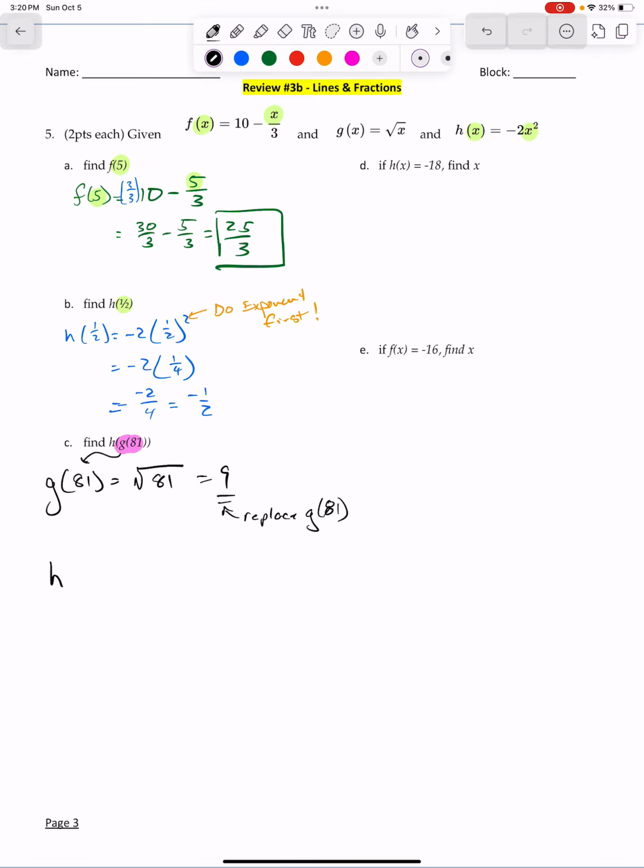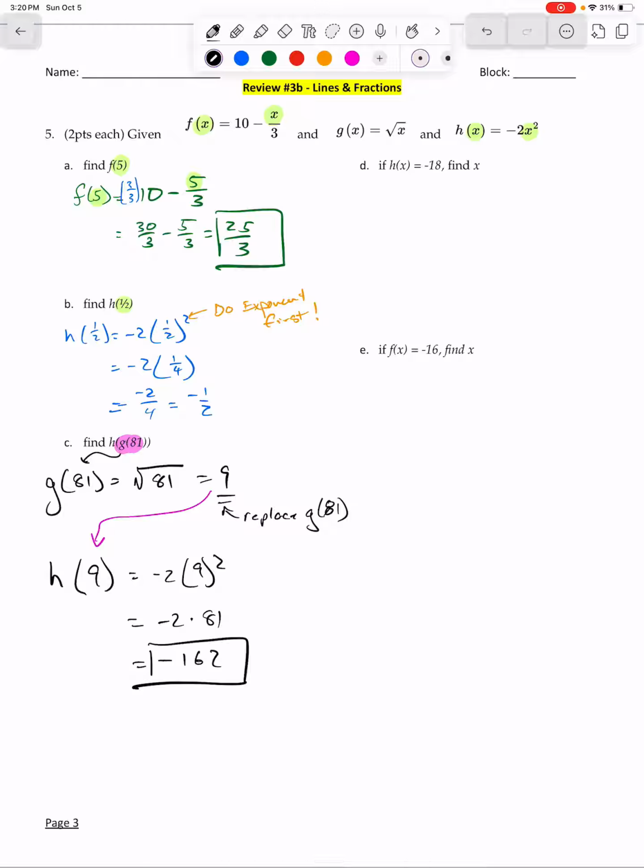So now I have h of 9. H of 9 means negative 2 times 9 squared. Negative 2 times 81, which is negative 162. Done.